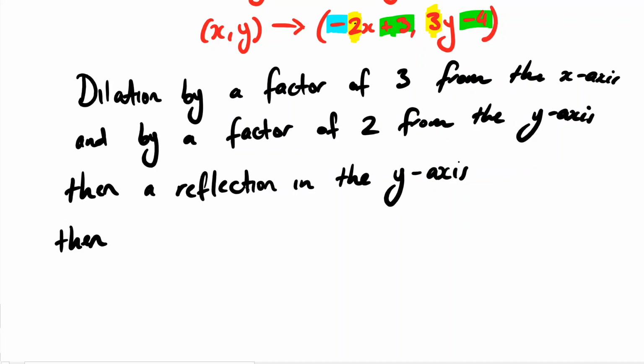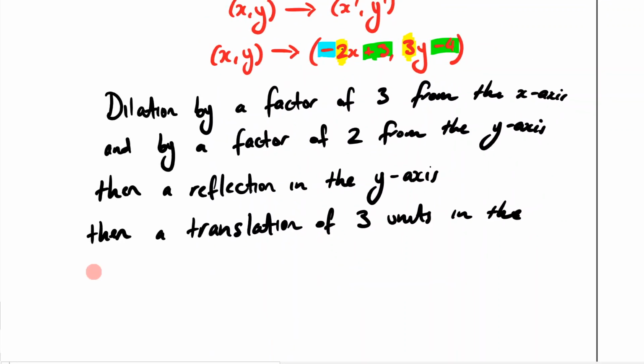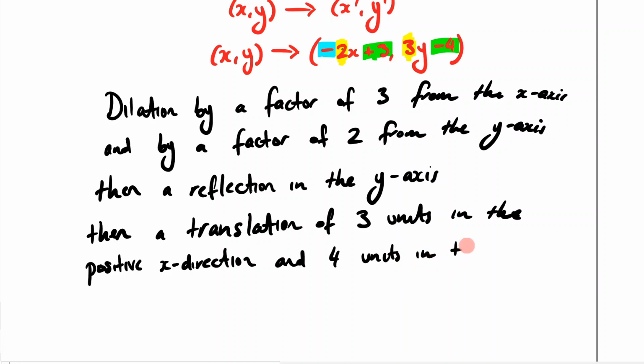So it's going to be a translation of 3 units in the, now I'm running out of room here, positive x direction, and 4 units in the negative y direction. My goodness, it's taken a long time to write.